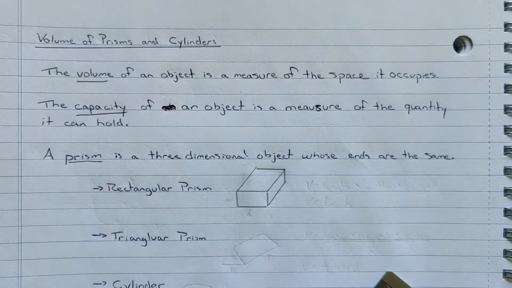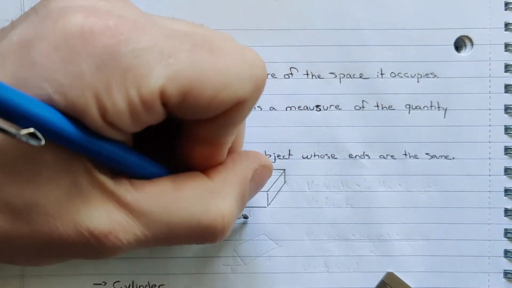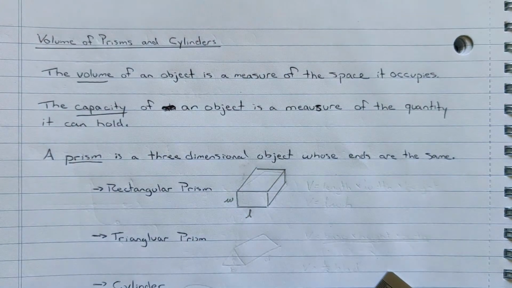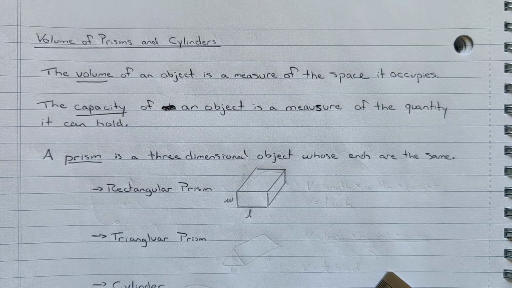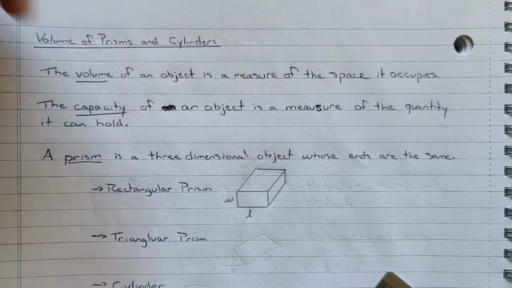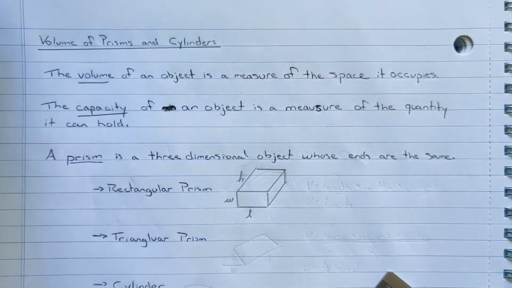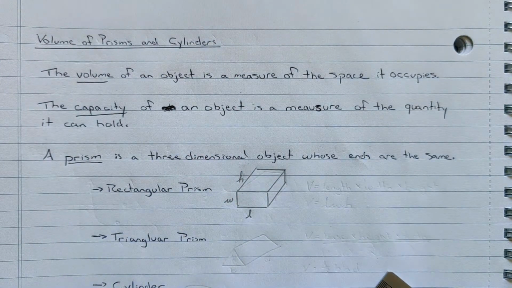There's a rectangular prism. I have my rectangle, my length and width, and then depending on where the object is, you might call the third dimension depth or you might call it height. Some people call it height, so length, width, and height.